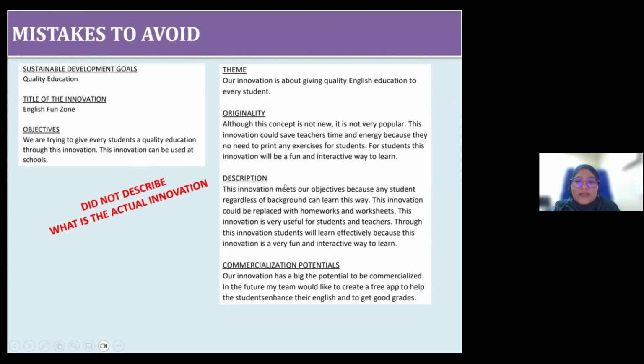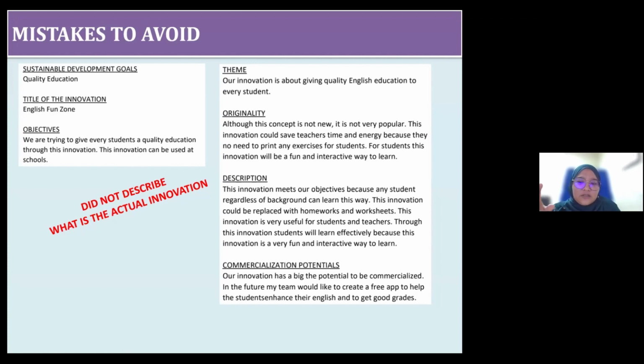But then in the description, they spell out that they meet their objective, but it was not very clear what their actual innovation is. Is it an app, a website, a textbook, or maybe a gadget?